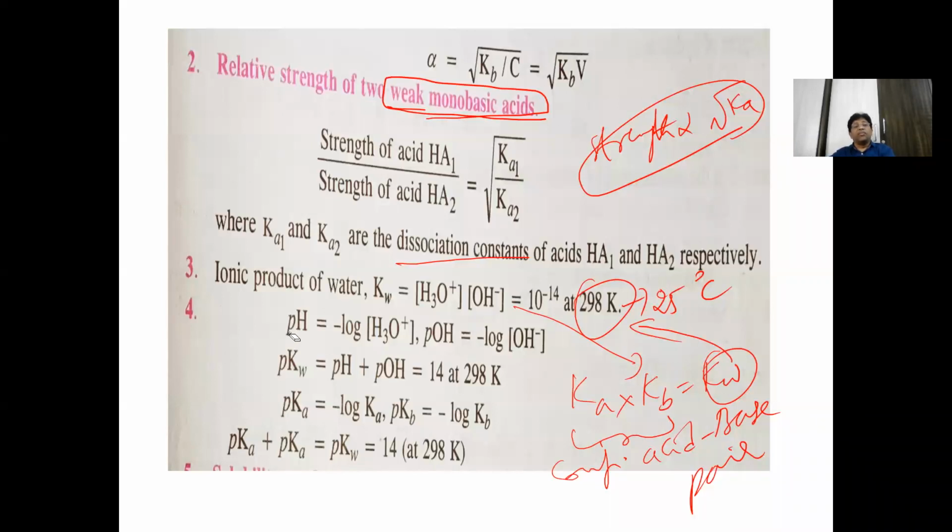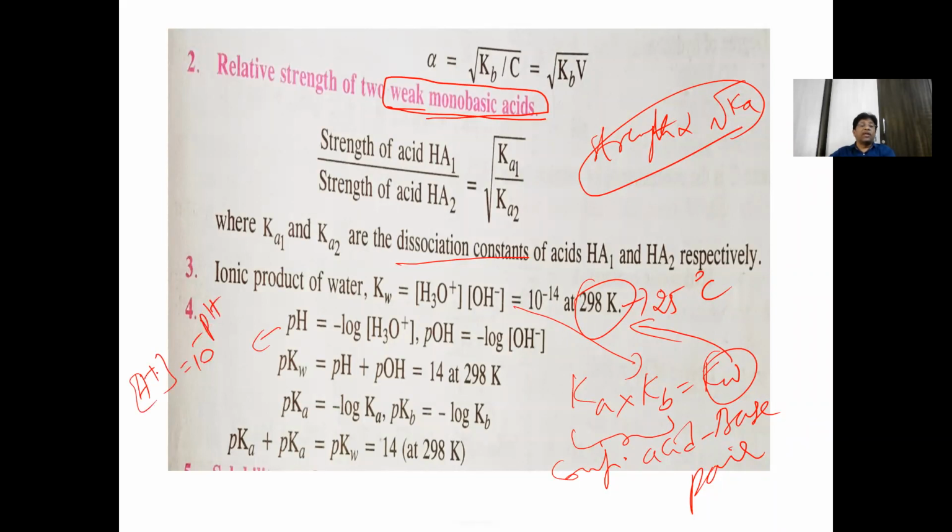Okay. Next, the pH formula: minus log of H plus concentration, otherwise H3O plus ion concentration. And pOH is equal to minus log of OH minus ion concentration. So H plus ion concentration is equal to 10 to the power of minus pH.